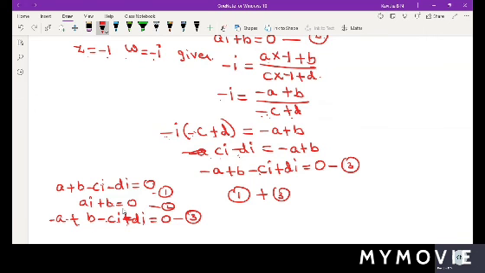1 plus 3 means here a plus b minus ci minus di is equal to 0. Then take equation 3 here, minus a plus b minus ci plus di is equal to 0.